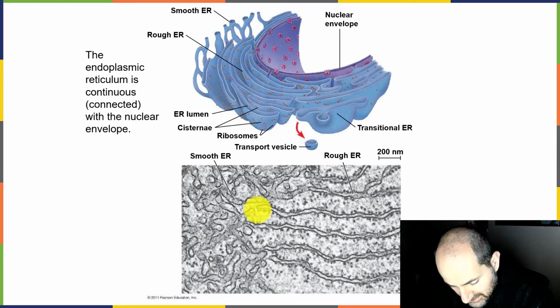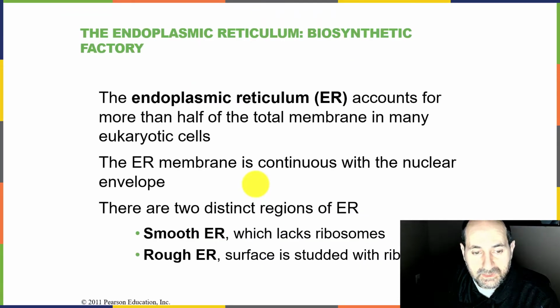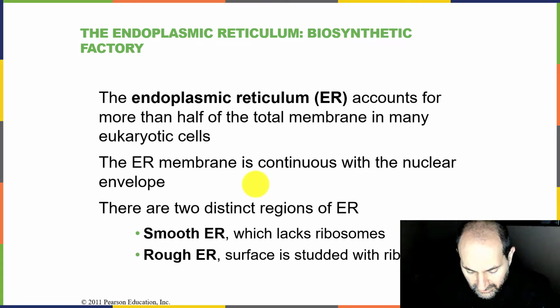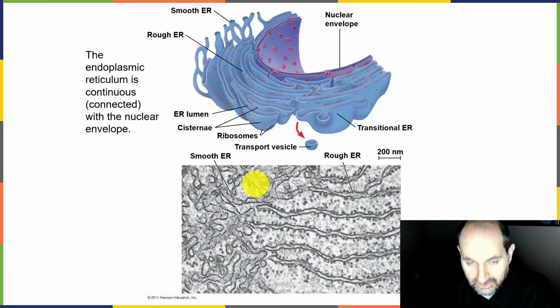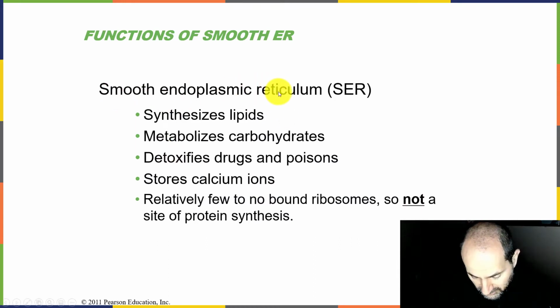Now we talked about the ER, the endoplasmic reticulum. Please know about the endoplasmic reticulum. There's smooth ER, smooth endoplasmic reticulum, and rough ER, rough endoplasmic reticulum. What do I need you to know?